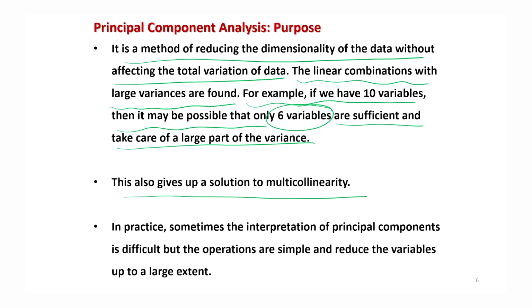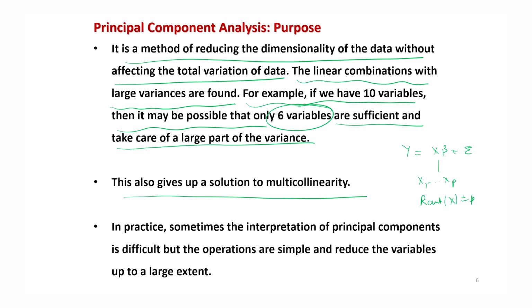So multicollinearity in the setup of multiple linear regression analysis arises when there exists an exact relationship or a type of relationship among the independent variables. If you remember, we had considered the model y equal to X beta plus epsilon, where X has the variables x1, x2, xp, and we had assumed that the rank of the X matrix is equal to p, which is a full column rank matrix.